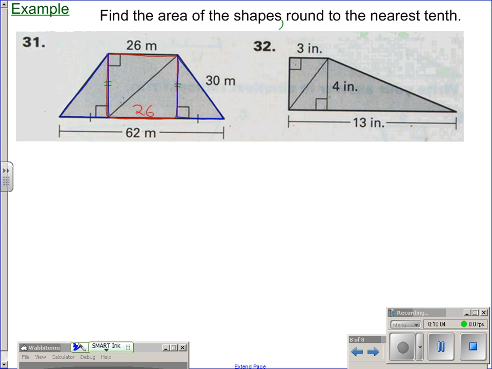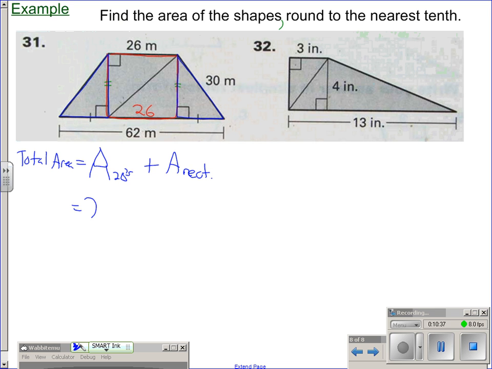Now, what I'm going to do is break this up into different shapes. There is a theorem that we really haven't talked about yet, but what we're looking at is a trapezoid. Trapezoids have a certain formula for defining the area. We haven't talked about that yet, so let's just break this down into different parts. So the total area equals the area of the two triangles plus the area of the rectangle.